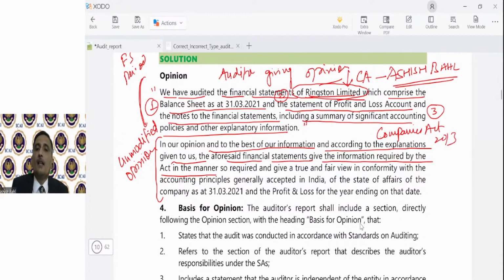Then in the manner so required and give a true and fair view in conformity with the accounting principles generally accepted in India of what? Of the state of affairs of the company as on 31st March and the profit or loss. One thing would come. So this is a sample.